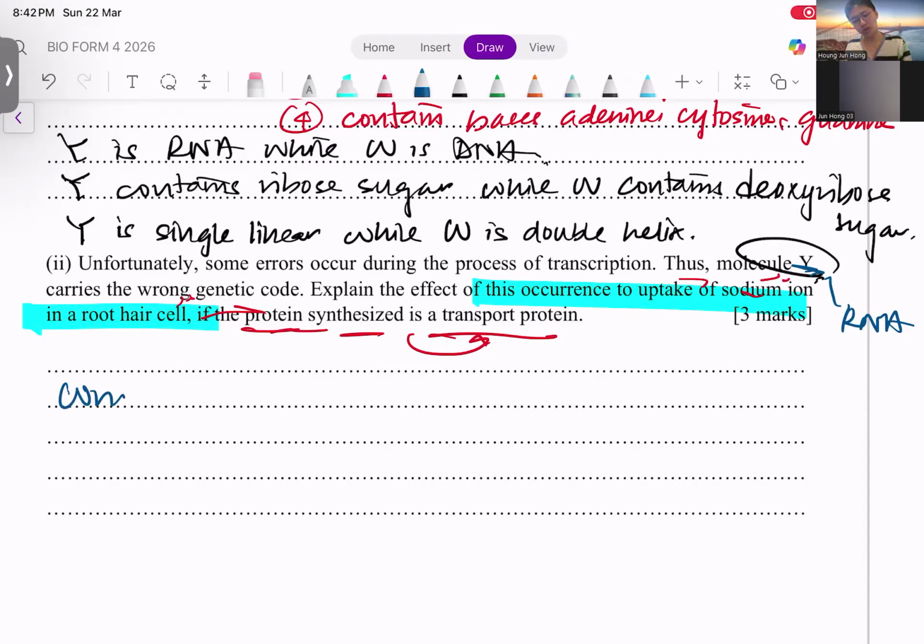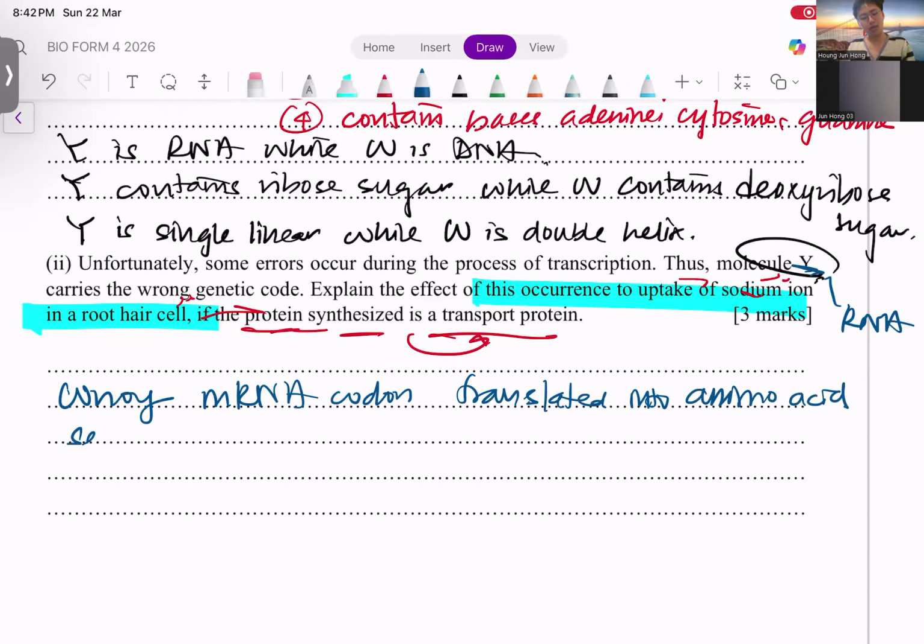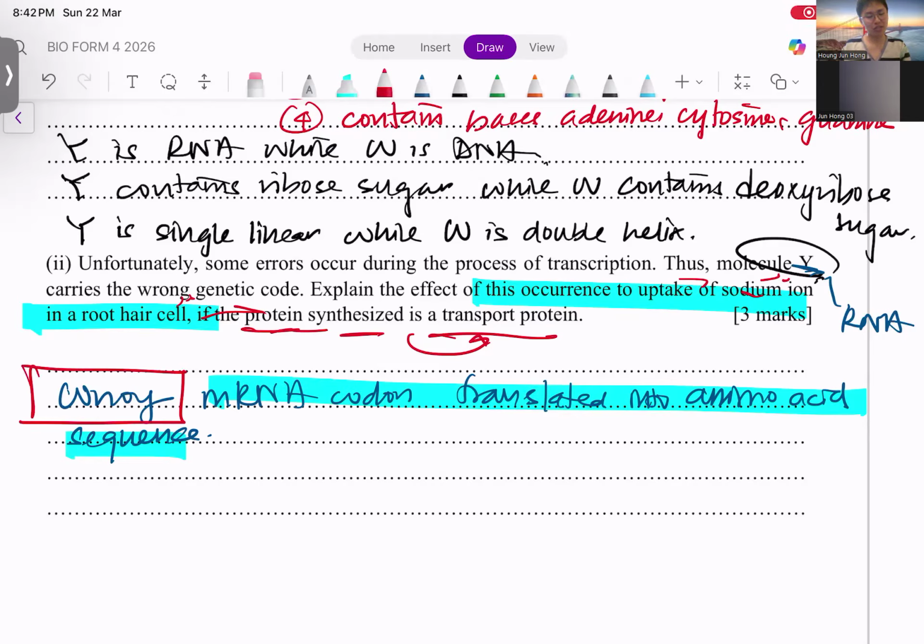So wrong mRNA codon is translated into amino acid sequence. Initially it's supposed to be just this sentence, but because the question said it's wrong, you just add this single word, then you get the answer. And similarly, the rest follow.